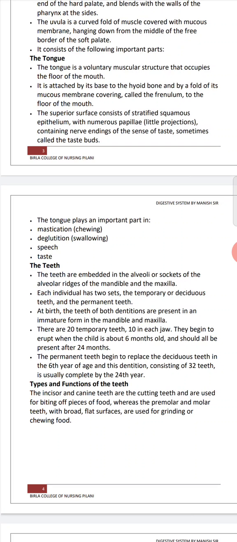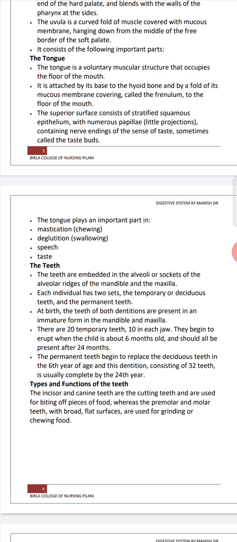At birth, teeth of both sets are present in immature form in the mandible and maxilla, fitted into the sockets. There are 20 temporary teeth, 10 in each jaw: 10 in the upper jaw and 10 in the lower jaw.